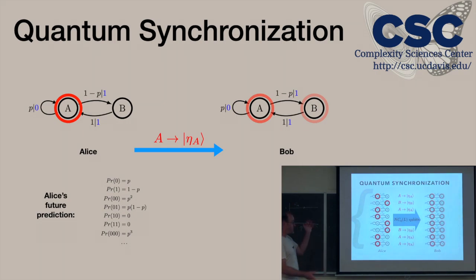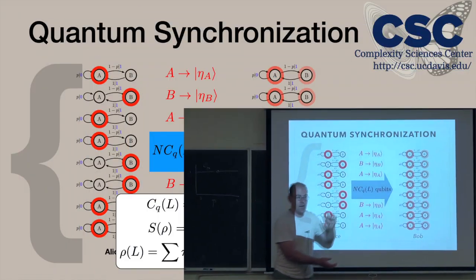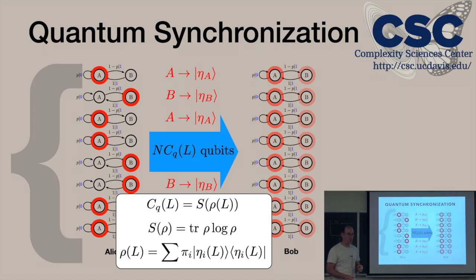Similarly, if we do this a bunch of times, instead of all these classical symbols, we can take all of these quantum states and compress them, as was claimed last time, into a message of size n CQ of L, where this is defined as the von Neumann entropy over this ensemble as opposed to the Shannon entropy.